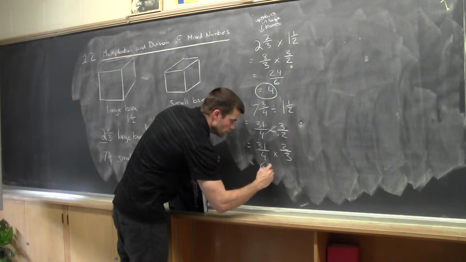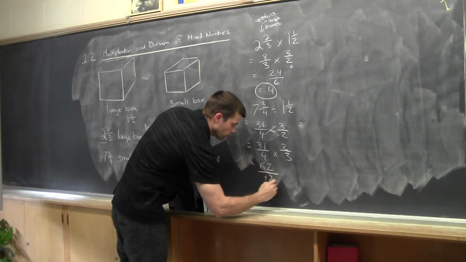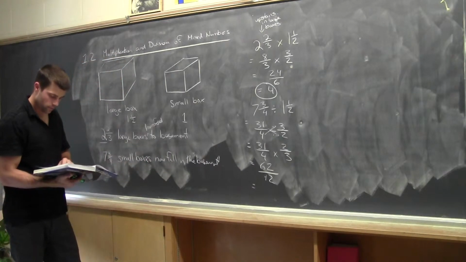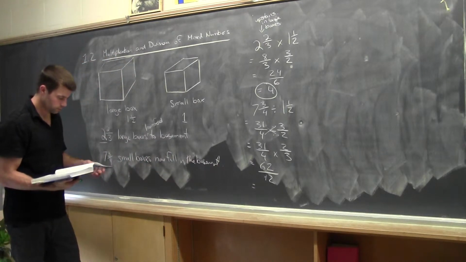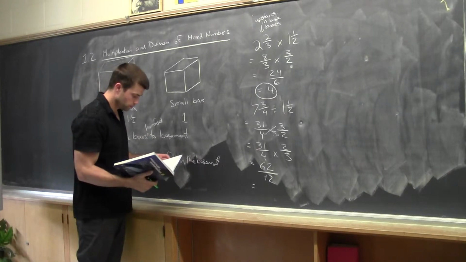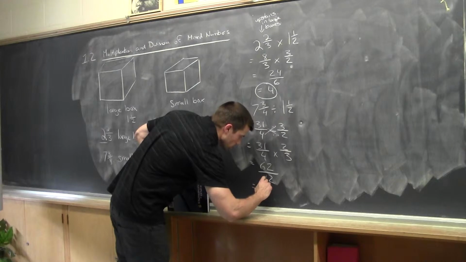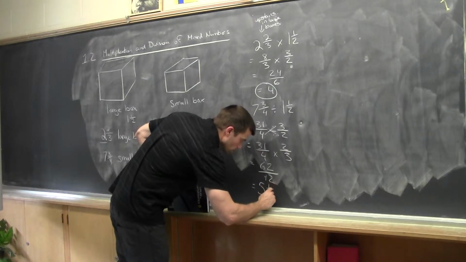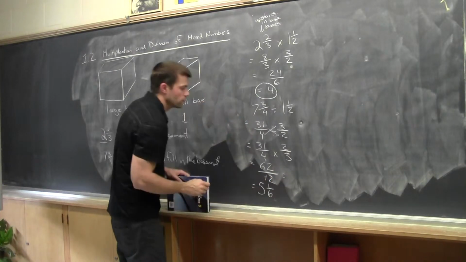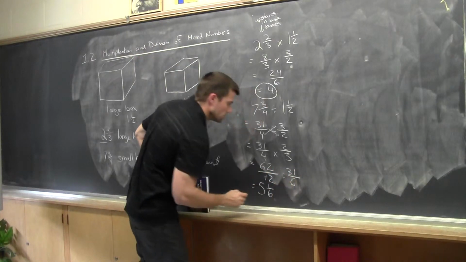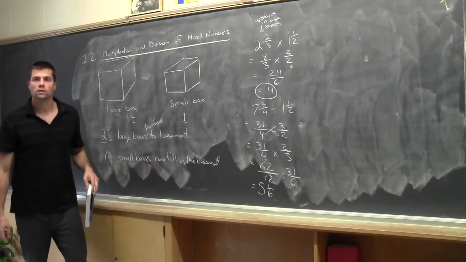So 31 times 2 is 62 over 12. And this will give us 5 and 1/6. This can be converted to 31 over 6, which is equal to 5 and 1/6.